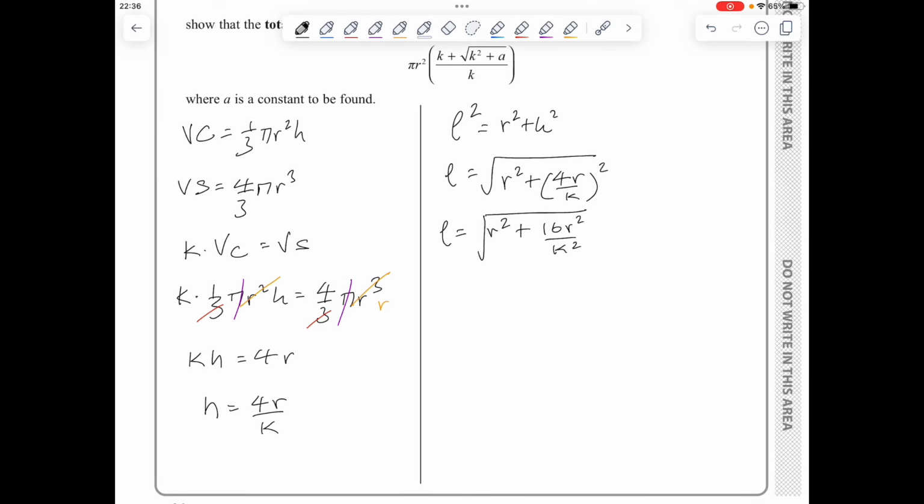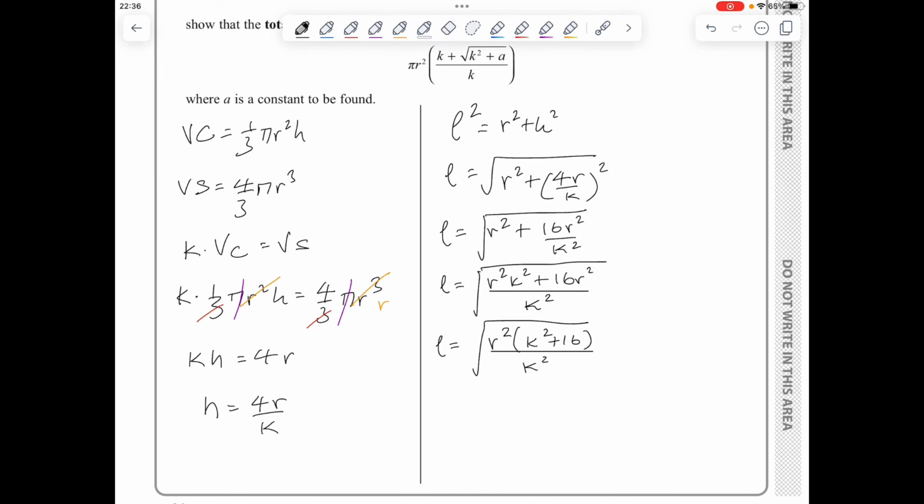Let's write this as a single fraction. So L is equal to the square root of r squared K squared plus 16r squared over K squared. Now I will factorize, taking out a common factor of r squared, and I'll get the square root of r squared times K squared plus 16 over K squared.